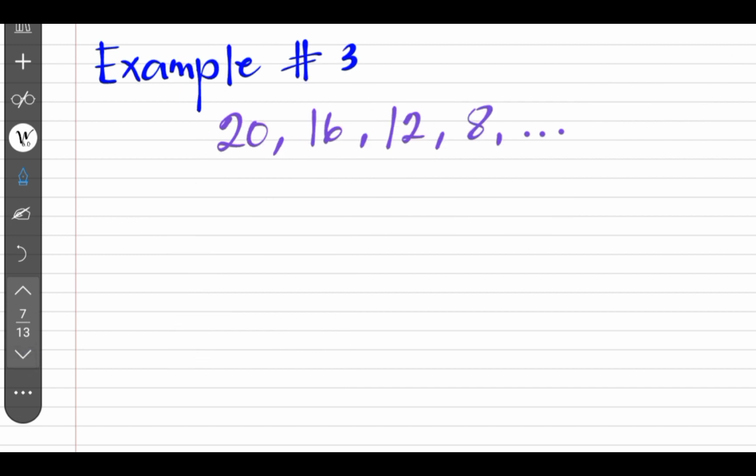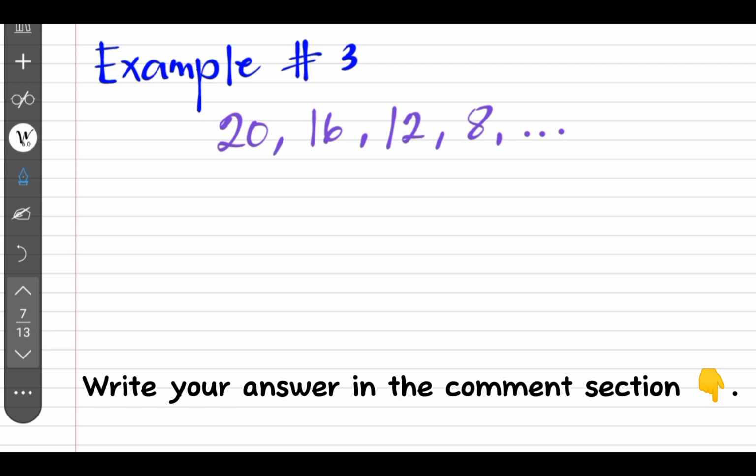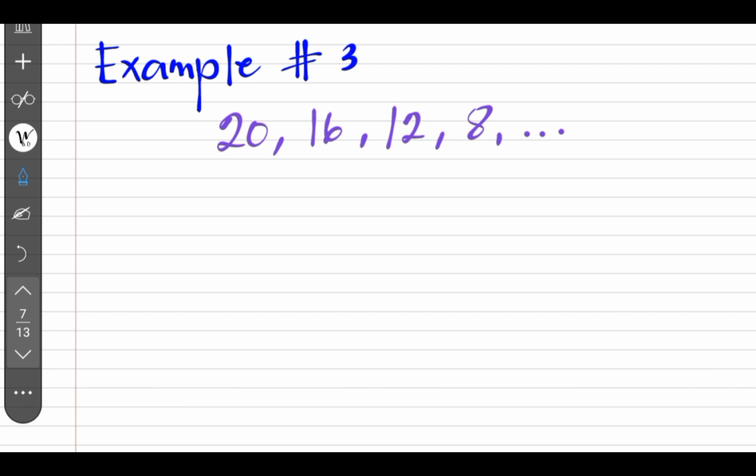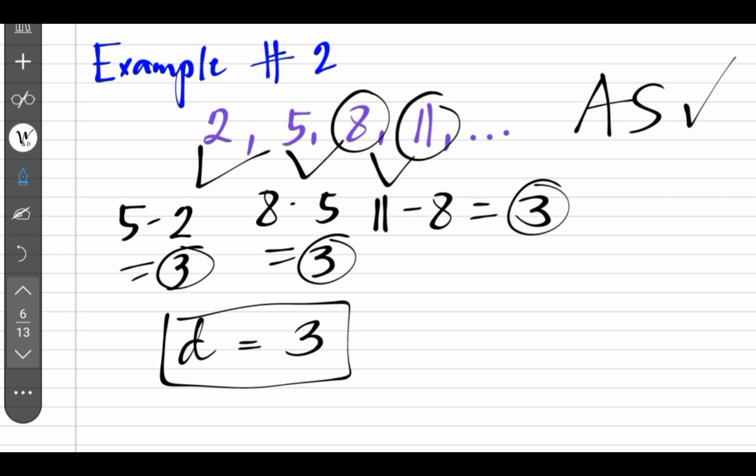Okay? Next example, 20, 16, 12, and 8. Do you think it is an arithmetic sequence or not? You can comment your answer in the comment section. Now let's proceed. As you can see, in the first two examples the numbers are increasing: 2, 5, 8, 11.